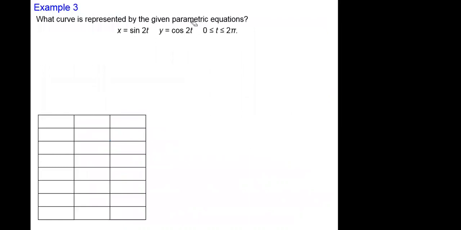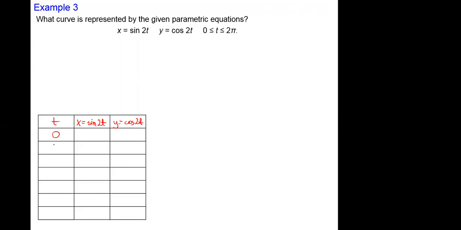Okay, that means now probably the shape will be similar, but something will be different because we switch sine and cosine, and we also have a double angle. Let's try parameter t. Now x is sine of 2t and y is cosine of 2t.